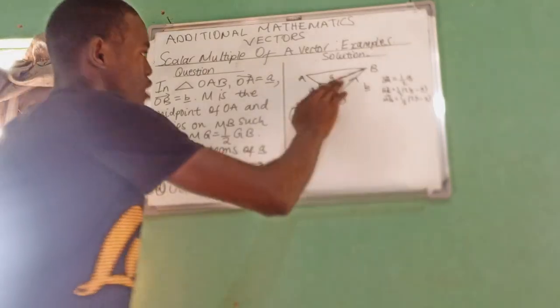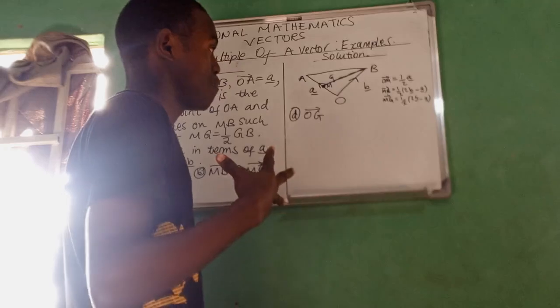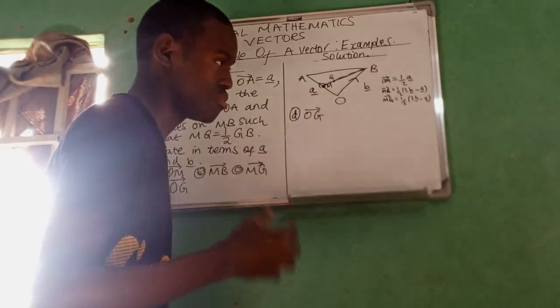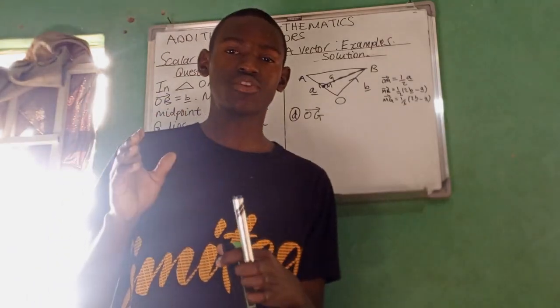So if you look at this triangle that we drew in the first video, it doesn't have OG. It has the points O and G but does not have the line OG.